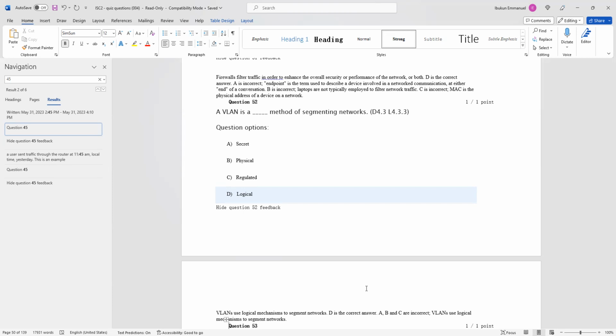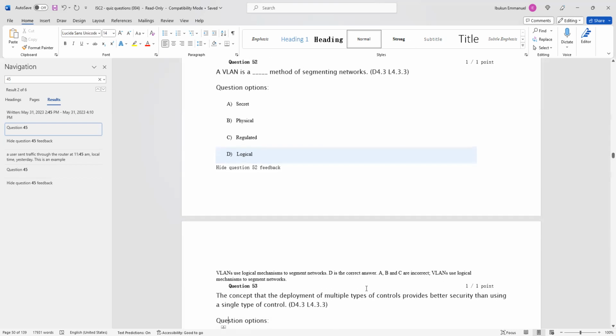And there's nothing such as regulated methods of segmenting. So it's a logical method. So they use things like your subnets and subnet masking. They divide the network into subnets, into subnetworks, let me use the word subnetworks, using logical methods, including subnet masking.